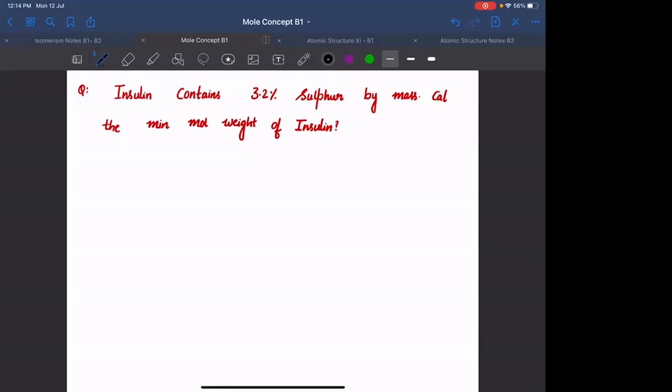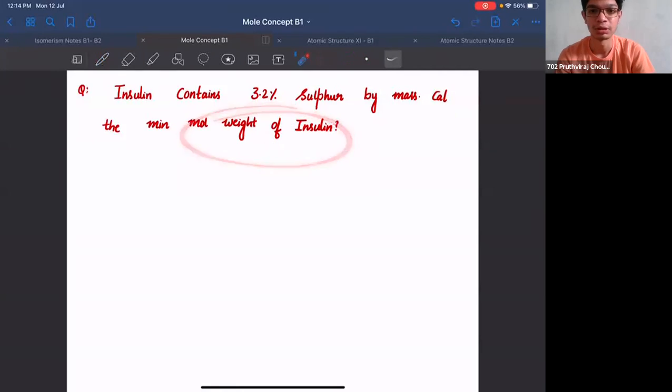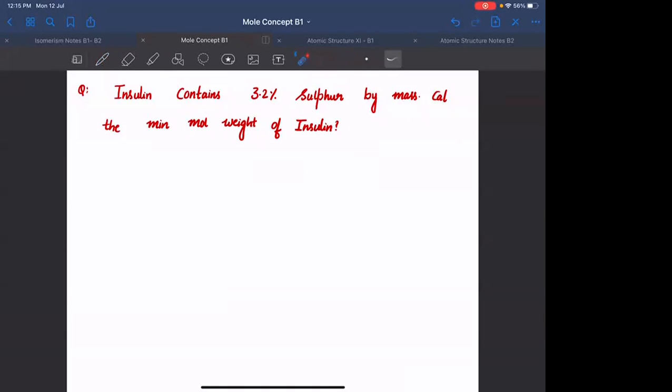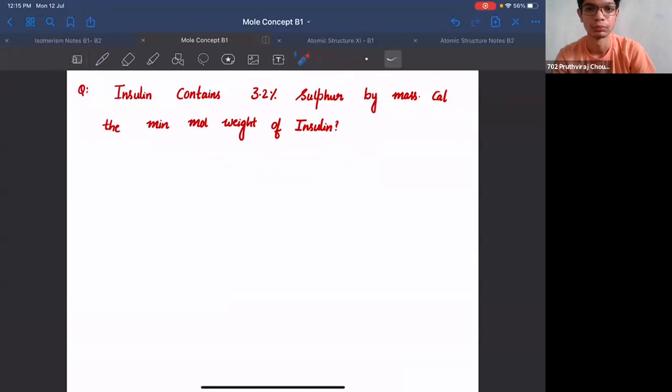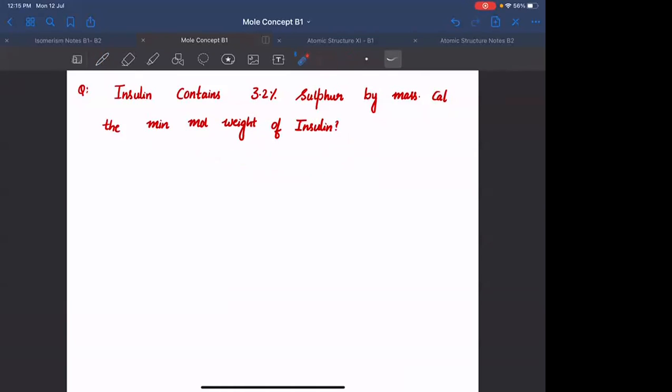Prithviraj, what do you understand by this term minimum molecular weight? मतलब सभी एटम्स कम होने चाहिए. ओके. इसका मतलब ये है कम से कम इंसुलिन का मॉलिक्यूलर वेट कितना होगा, मतलब उससे कम तो नहीं होगा. ओके. 1000 U आपको जो भी आंसर आया है, the molecular weight of insulin will definitely be greater than 1000. It can never be less than 1000.